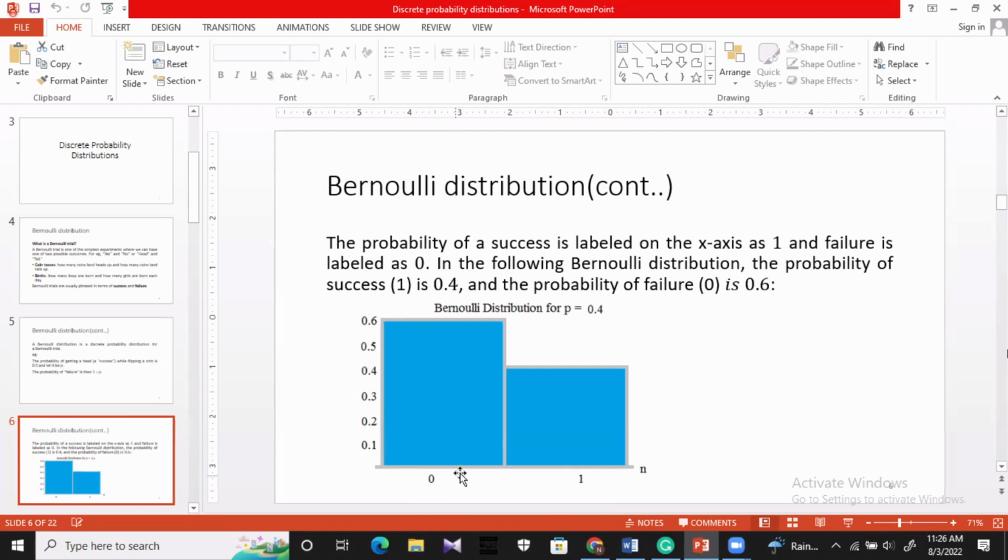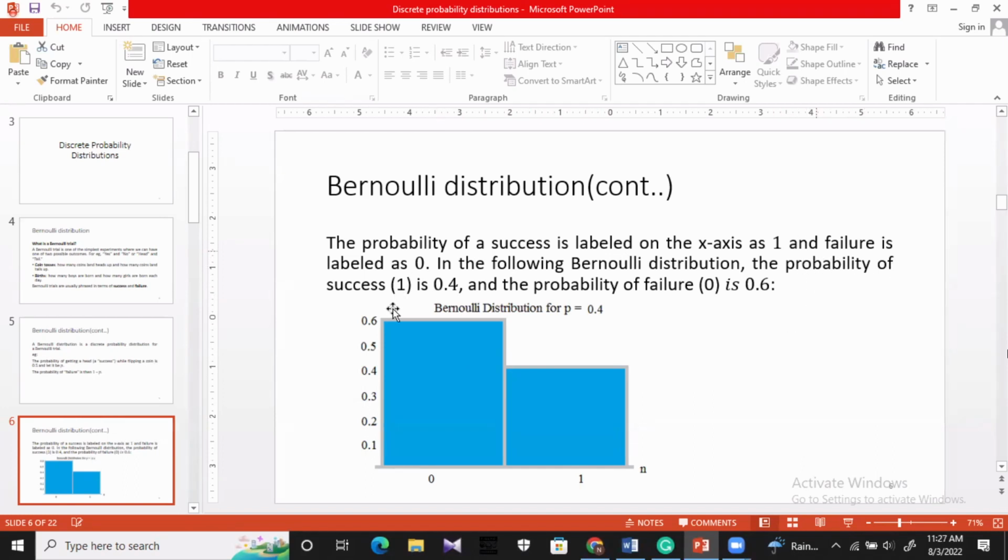Understand? So in this diagram, not the probability of a success, it's a mistake. Success is labeled as 1 and failure is labeled as 0. The probability of success is 0.4 in this case.